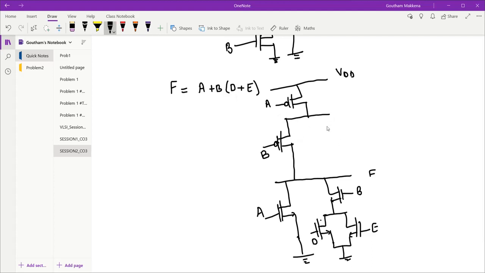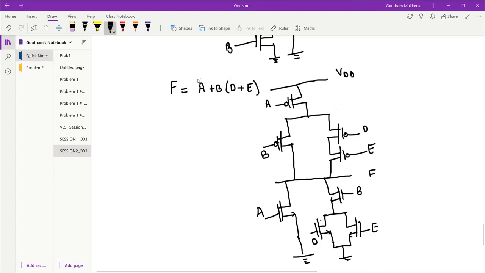So this B is in parallel with D or E, and OR operation in PMOS is nothing but series. So this is B in parallel with D in series with E. So that finishes the pull up.